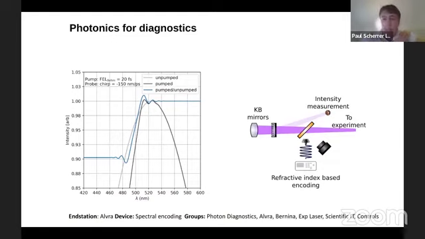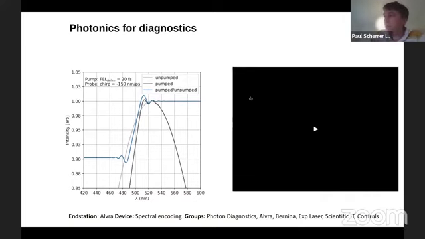One method that we use for doing that is to probe the refractive-index-based change in a semiconductor, which is pumped by the X-ray pulse. By coming in with a chirped white light pulse, we can see a change in the reflectivity of this material, where maybe this video will play.